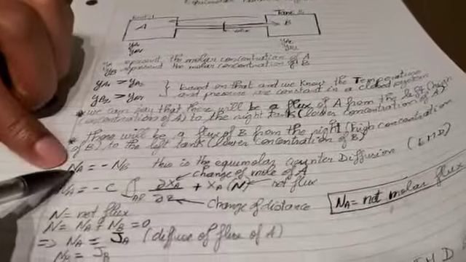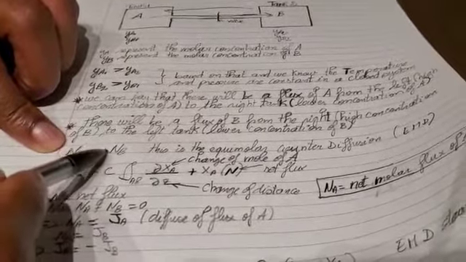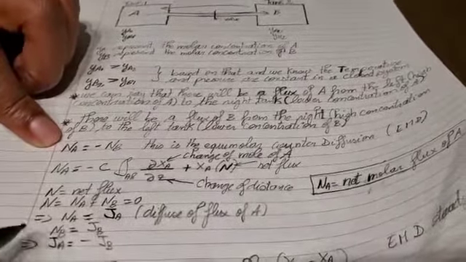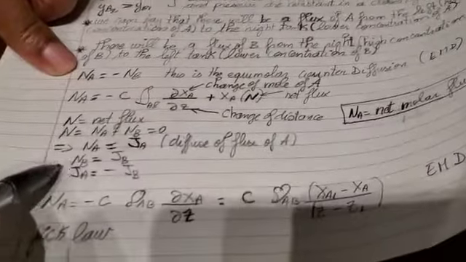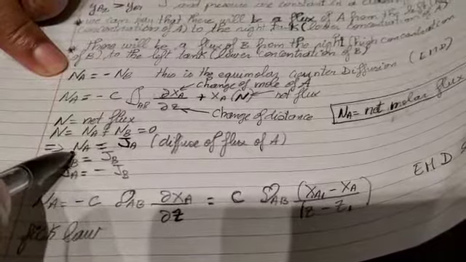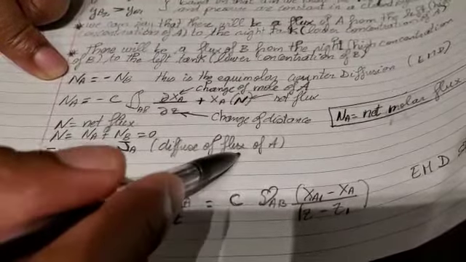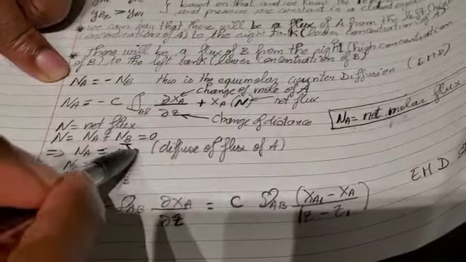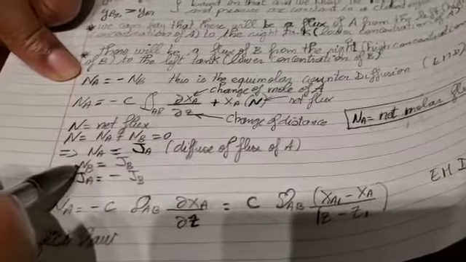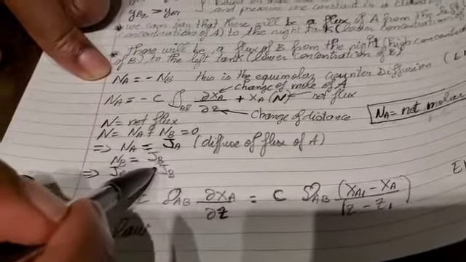And if you see right there, NA plus NB equals 0. We also know that the net molar flux of A is equal to the diffusive flux of A, noted here as JA, and the net molar flux of B is equal to the diffusive flux of B, noted here as JB.